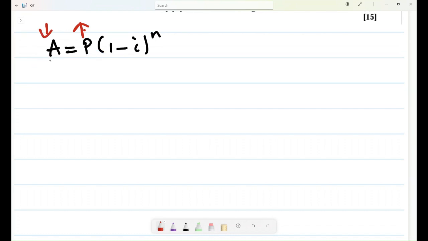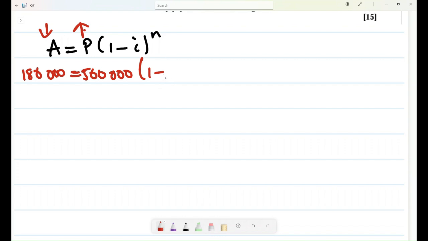Because A, which is the accumulated amount, is the amount that you are selling your laptop for. This is the principal amount, the initial amount, which in this case was 500,000. But after 5 years, you sold it for how much? 180,000. So therefore, 1 minus what is our I? It is what we are looking for.